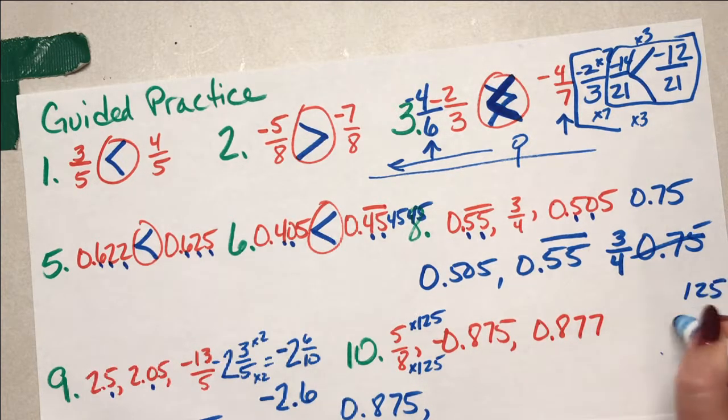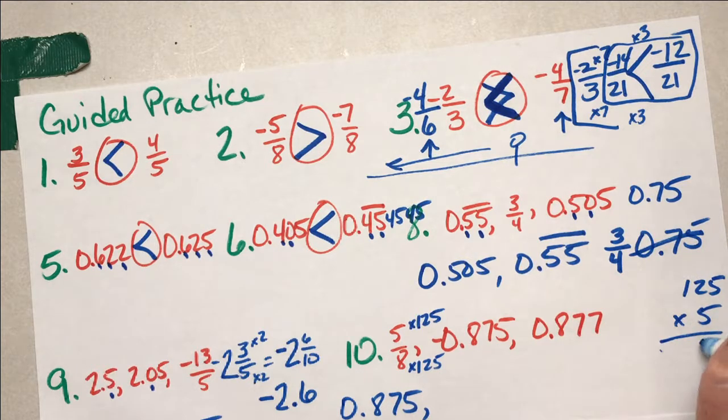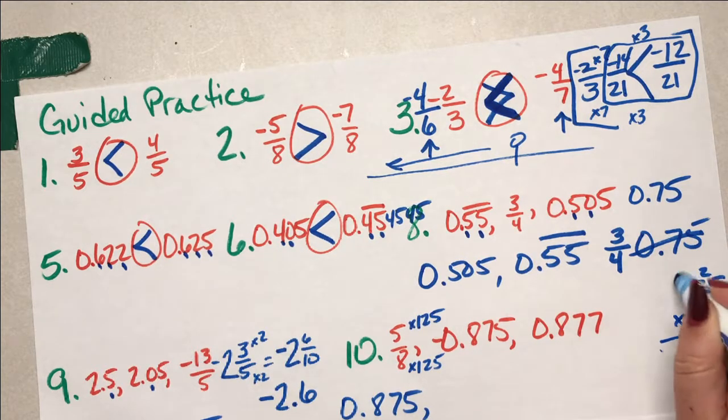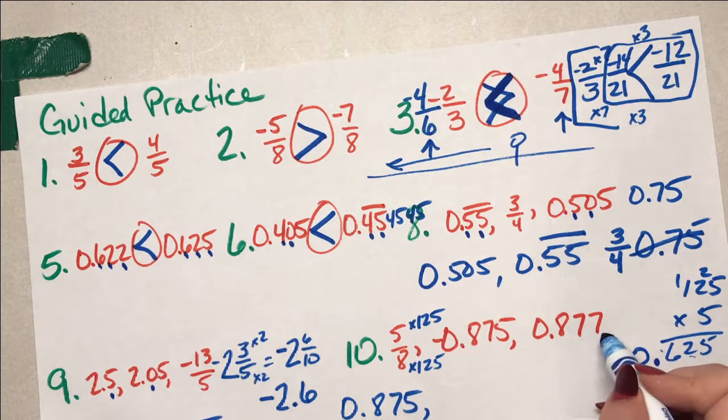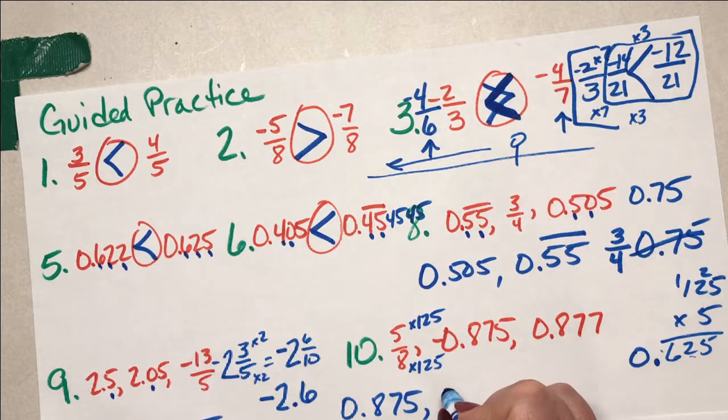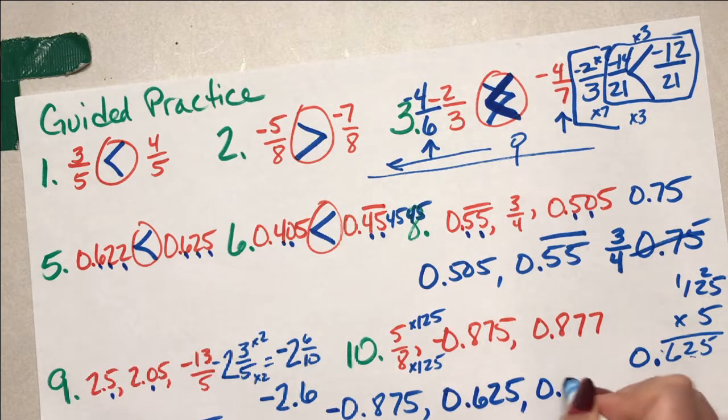And 125 times 5 is 625. So this number is 0.625. And I'm comparing that with 0.877. This is going to be smallest. I'm going to do that so I can keep track of it. 0.625, 0.877. Those are our numbers.